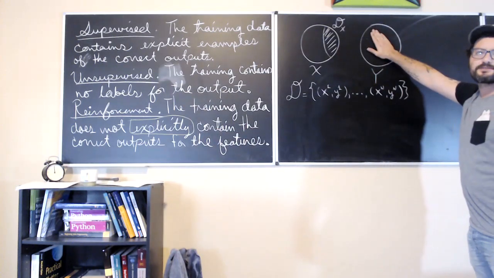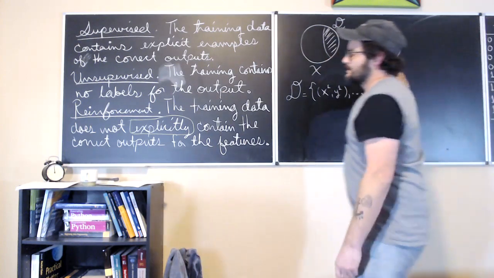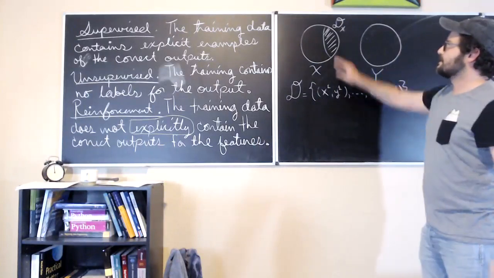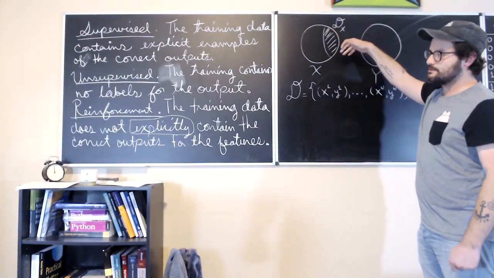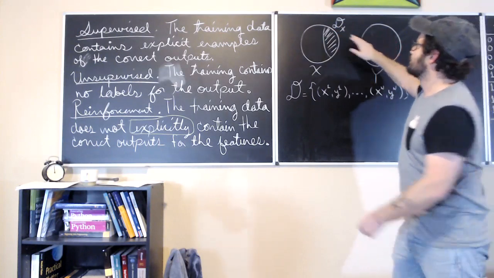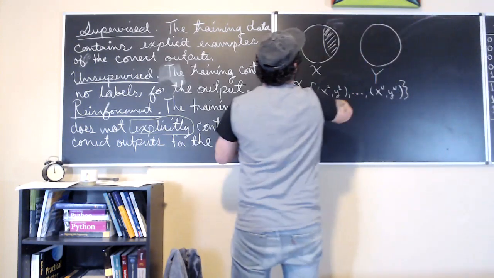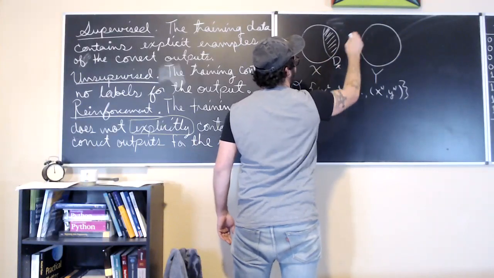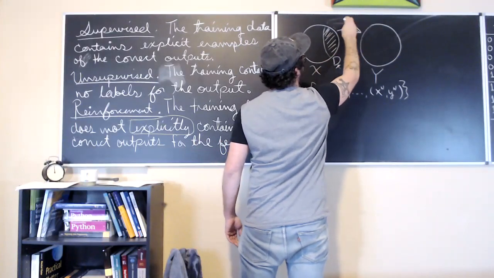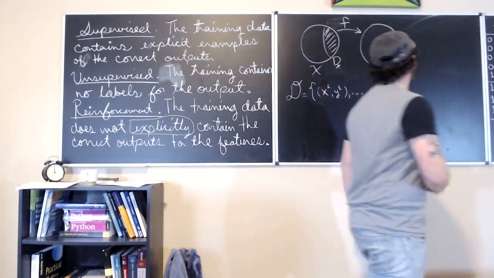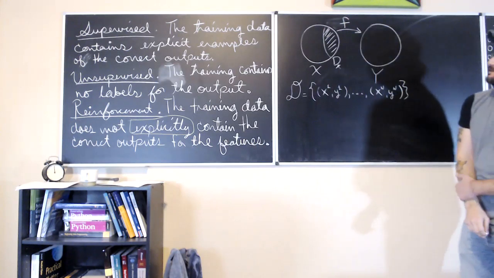We just have features. In reinforcement learning, there's an intermediate step where we use the features and then do some processing to find the labels. But the goal remains the same: to find our target function f that maps x to y.